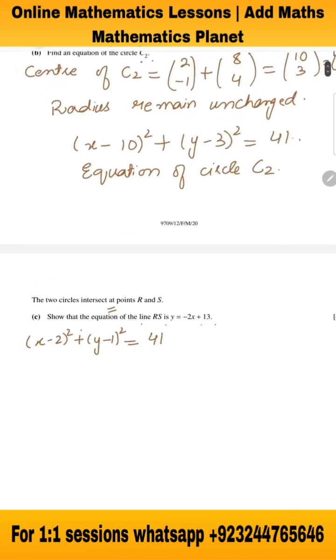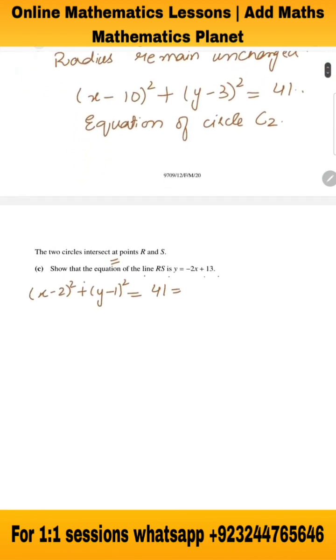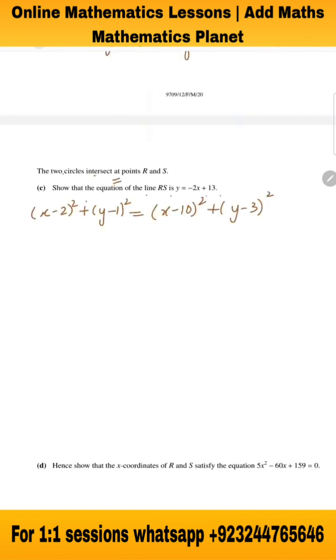And the second equation of the circle is (x minus 10) whole square plus (y minus 3) whole square, again equal to 41. Because the two circles intersect at the points, when the two circles intersect, the two equations are equal.